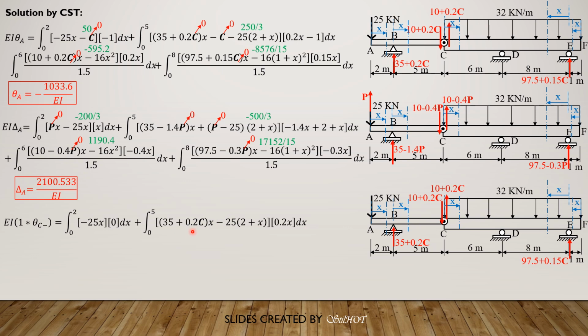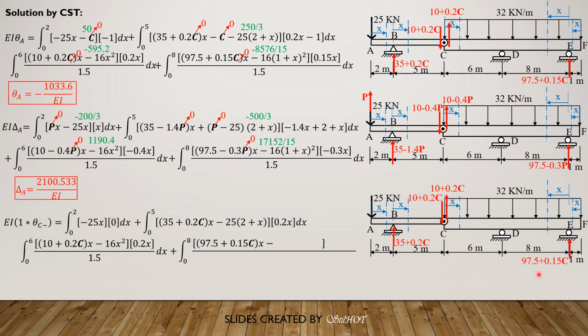Then the derivative is 0.2x with respect to C. For the third integral, of quantity 10 plus 0.2C times x minus 16x squared, the derivative is 0.2x divided by 1.5 dx. And the last integral of quantity 97.5 plus 0.15C times x, minus 16 times 1 plus x squared, the derivative is 0.15x divided by 1.5 dx. So the value of the first integral is 0. For the second one, set the value of C to 0 first before integrating.